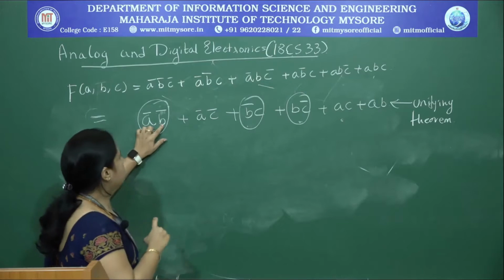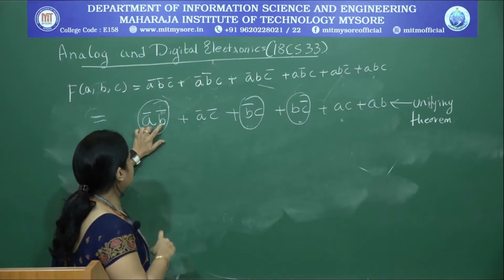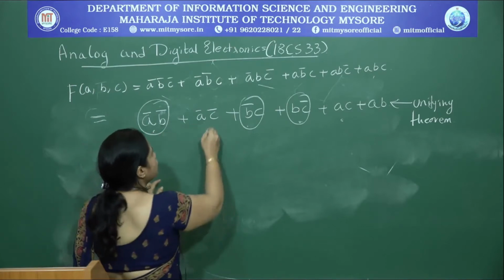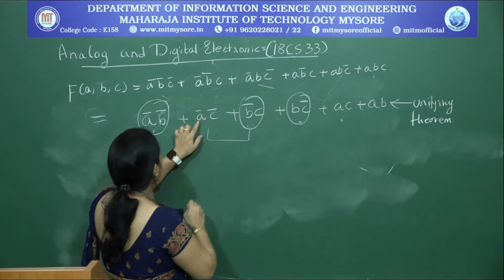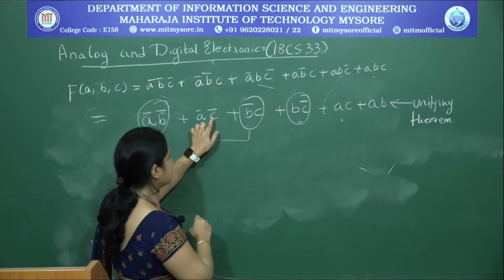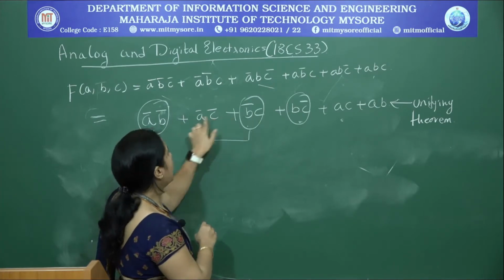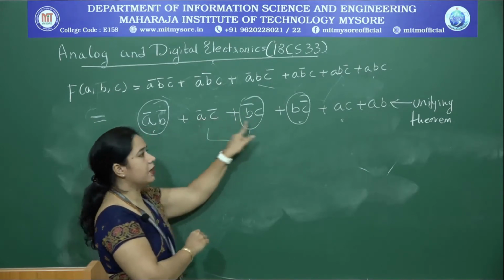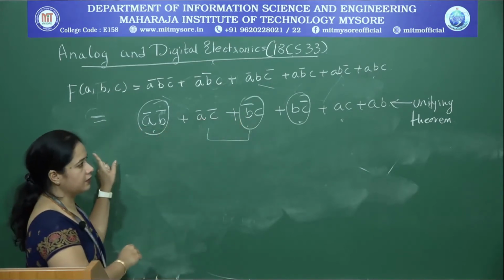So, if you can see, A bar B bar has been eliminated, and this is a result of the combination of these two. Here we have C bar and C in its complemented and uncomplemented form. As a result, the product term formed using A bar B bar is being eliminated.